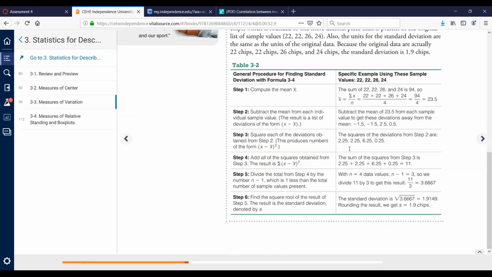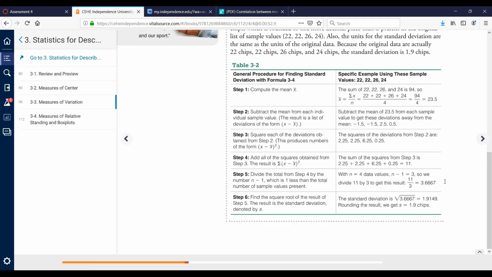So to calculate our standard deviation, we compute the mean. We subtract the mean from each sample. We're going to get a variety of numbers, positive and negative, square each of those, add them up, and then divide by n-1.